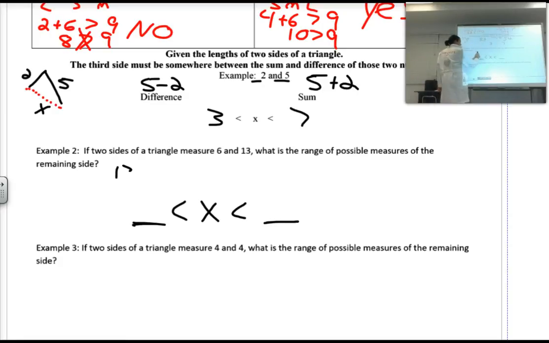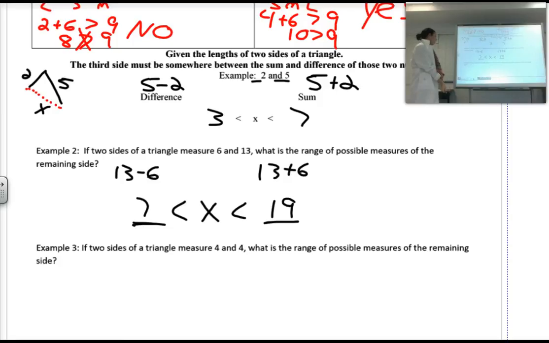So again, 13 minus 6, distance can never be negative, so 13 minus 6 is 7, and then over here we're going to do 13 plus 6, which is 19. So the length of the third side needs to be between 7 and 19. Okay, try example 3 on your own.